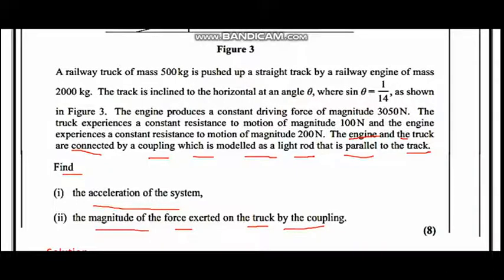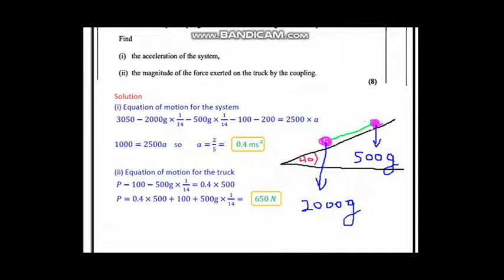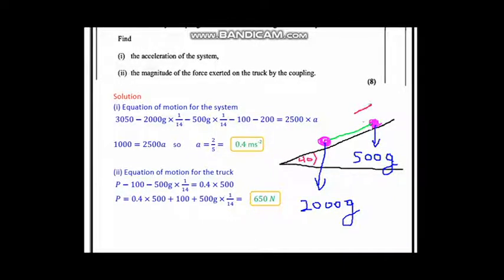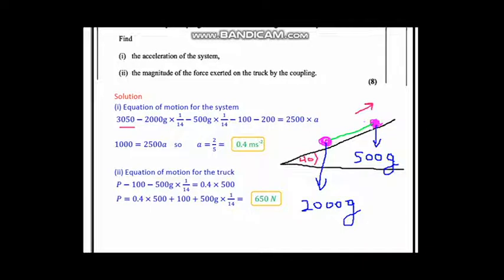Let's see how to solve it. We can model the problem. Now we have the force of the engine upward of magnitude 3050, opposite to the component of weight of the first body, which is 2000g multiplied by sine of the angle, which is 1/14. Also opposite to the component of weight of the second body, which is 500g multiplied by sine of the angle, and also opposite to the friction forces for the first and second body, 100 and 200 Newton.